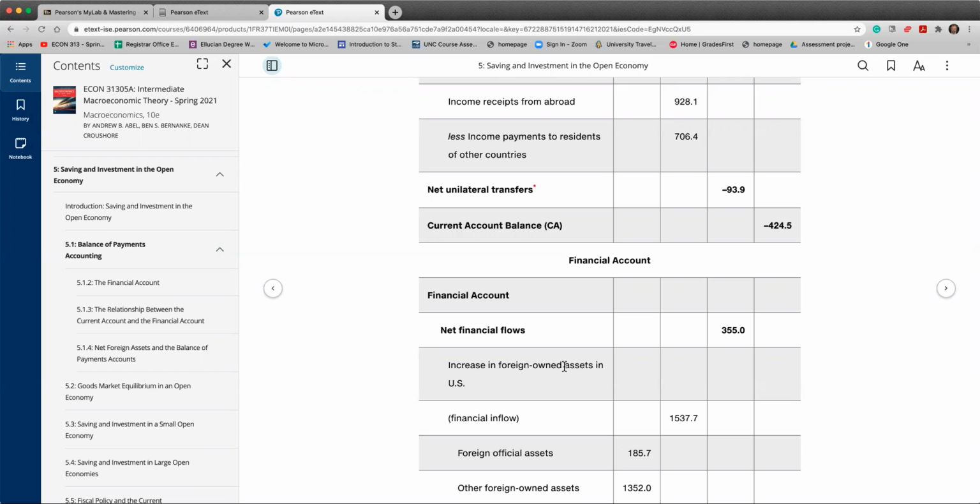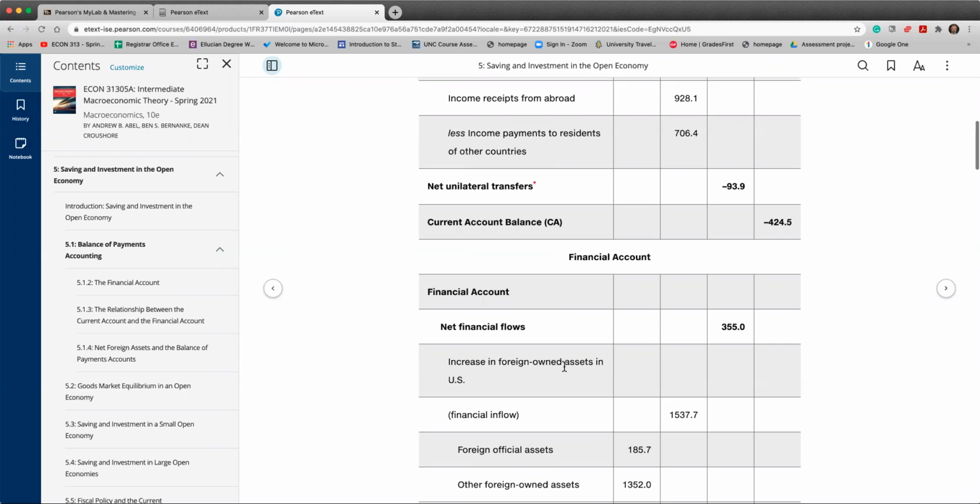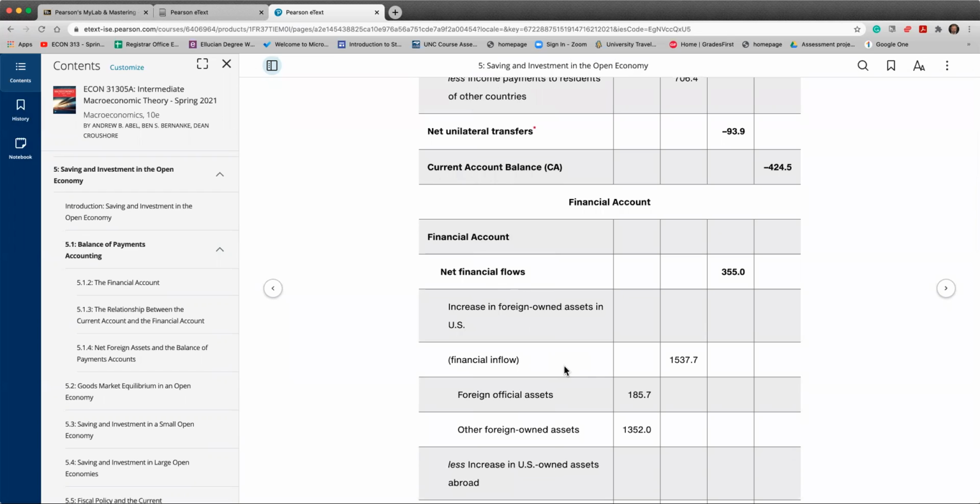So they're not part of GDP, whereas the current account is. Payments go back and forth between countries to pay for assets, like stocks, bonds. If somebody in another country buys some real estate in the United States, an office building, or they put up a manufacturing plant for cars, for example.